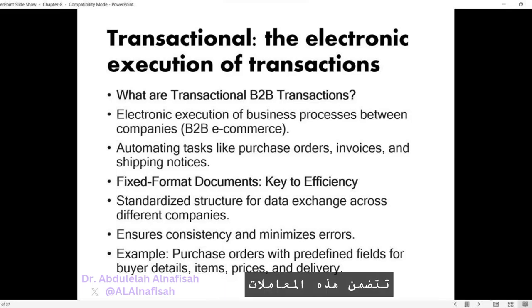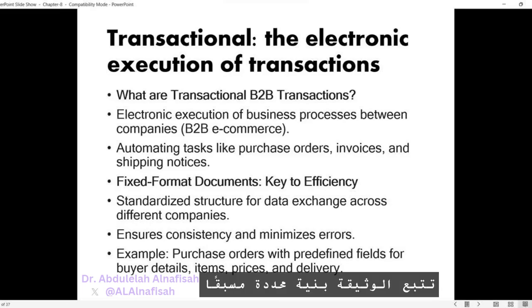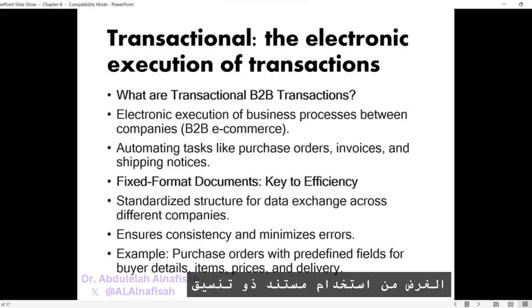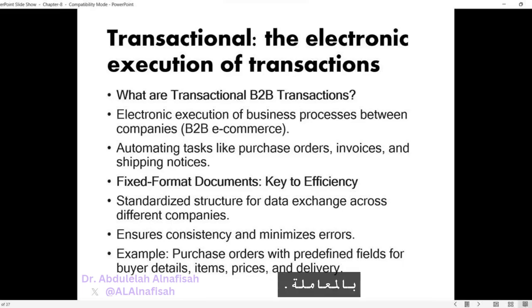These transactions involve the electronic transmission of a fixed format document. The document follows a predefined structure and contains specific data and information fields. The purpose of using a fixed format document is to ensure consistency and standardization across different trading partners. The document serves as a template for capturing and transmitting the necessary information related to the transaction.